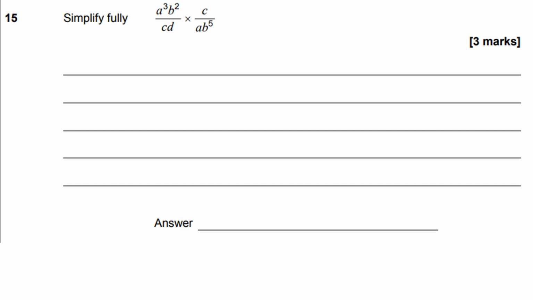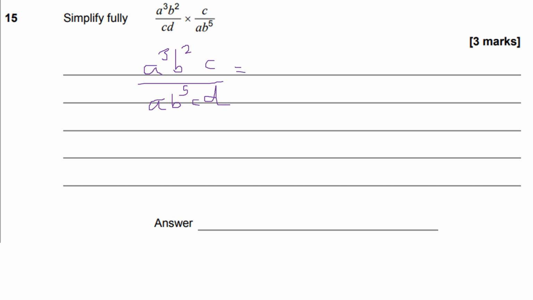Multiplying fractions, I multiply the top parts together and the bottom parts together. So on the top, I'm going to have a cubed b squared c. I'll write it in alphabetical order just to make it easier. All over a b to the 5 c d.